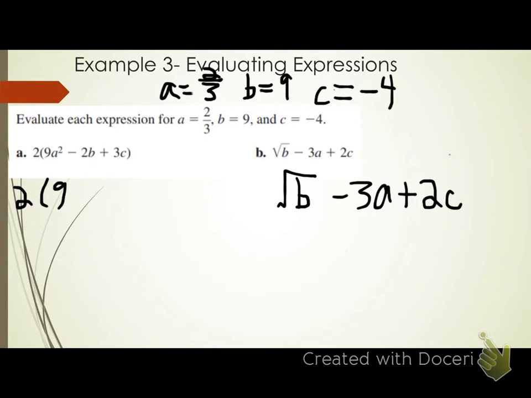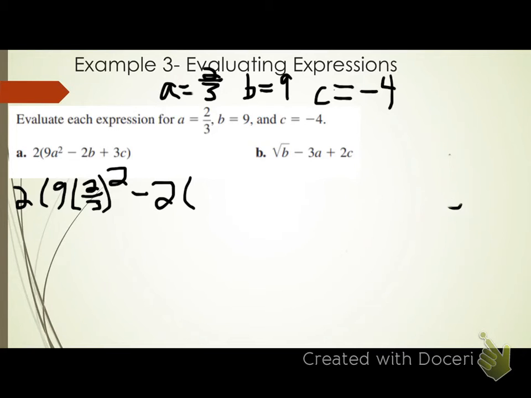So what are we replacing a with? 2/3. I would get in the habit of putting parentheses around anything you plug in. So I get 2 times 9 times (2/3) squared minus 2 times, what am I replacing b with? 9, plus 3 times, what am I replacing c with?